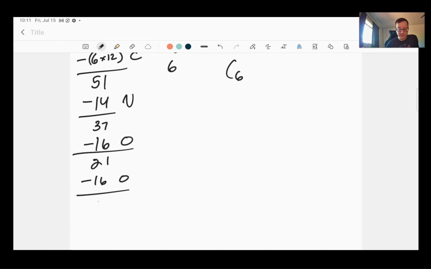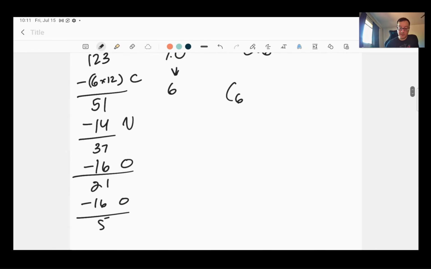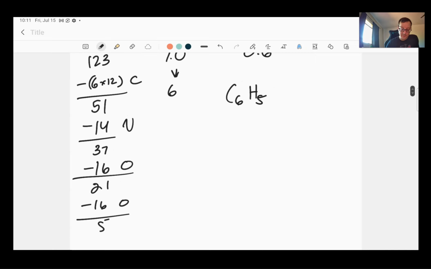And so that'll give you 5 at the end. So the formula for this could be C6H5NO2. Okay, so that's how we're going to find the molar mass with the nitrogen. We just do this because it's odd. So we're going to subtract the 14 from it first. Now we can go ahead and look at the spectra here.